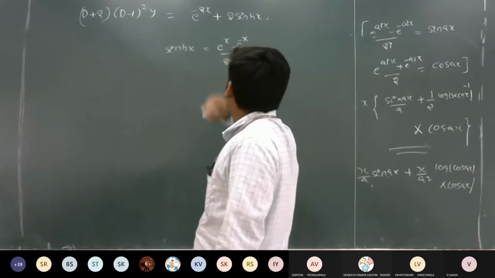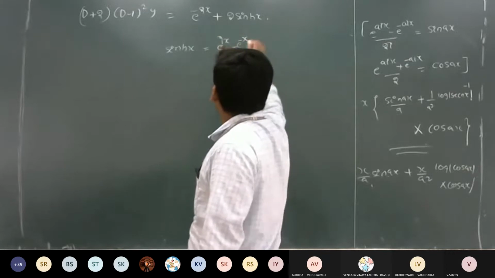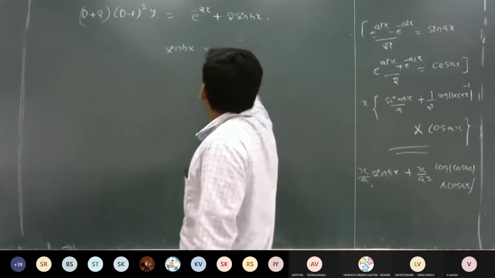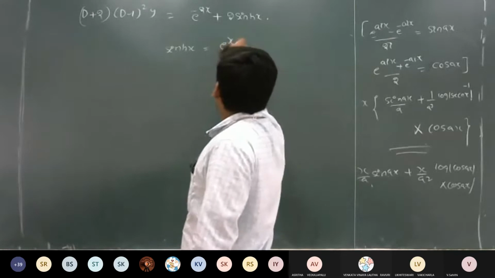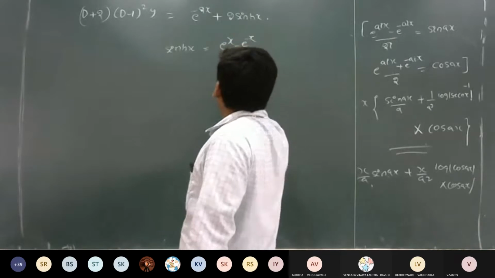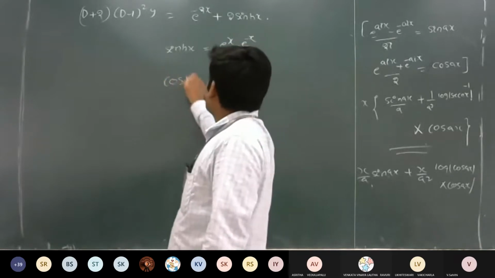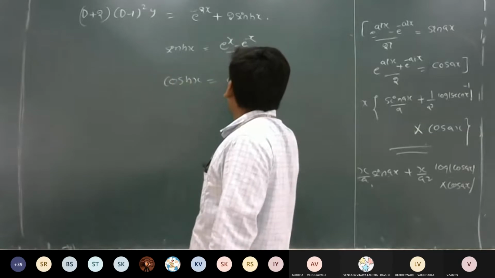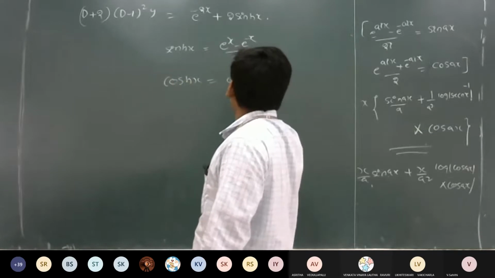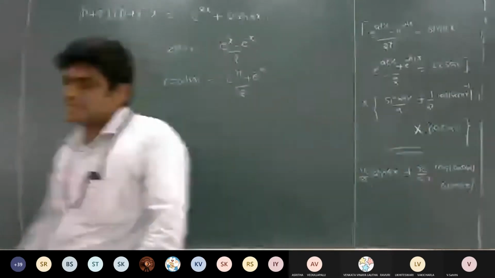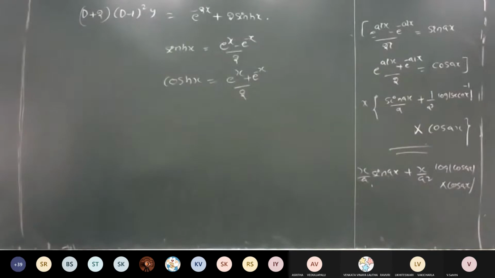Next, cosh x is equal to e power x plus e power minus x by 2. By using that concept, then you have to simplify the problem.